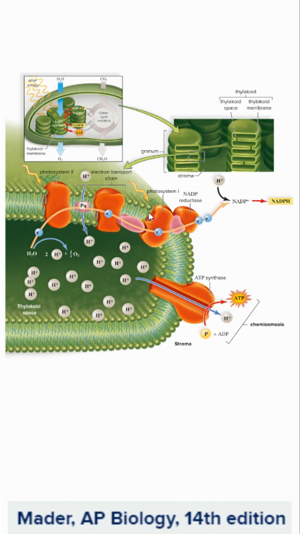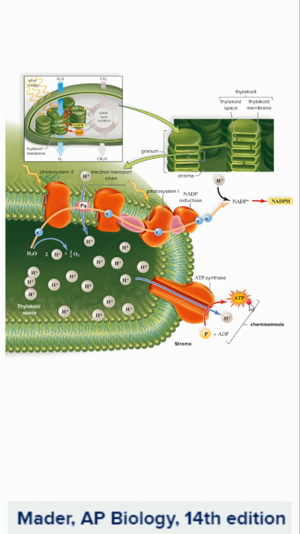Those electrons will be re-energized by the light and will get picked up by NADP to carry the high energy electrons with NADPH to the Calvin cycle. This concentration gradient created here by protons or hydrogen ions will ultimately have the protons diffuse out through ATP synthase. At that point, ATP will be created.